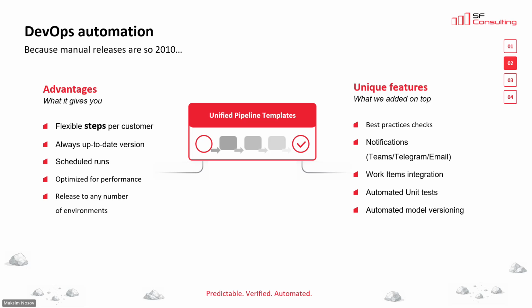And even if a client asks us to add specific features like notifications to Teams or WhatsApp, we can do that too. So we are constantly improving our pipelines and optimizing their performance, adding new useful features such as a best practice compliance report, automated unit tests, or updating work item status during the run.